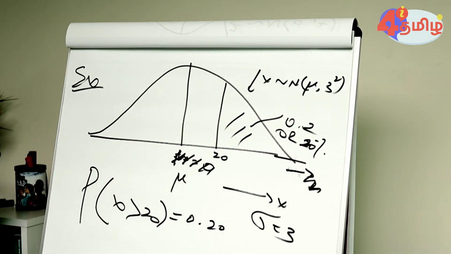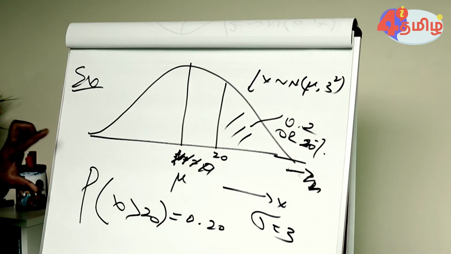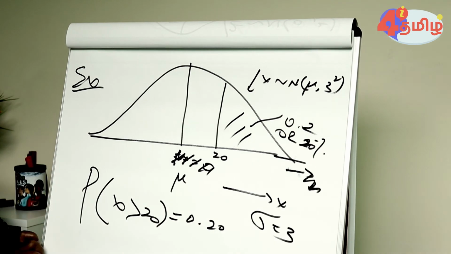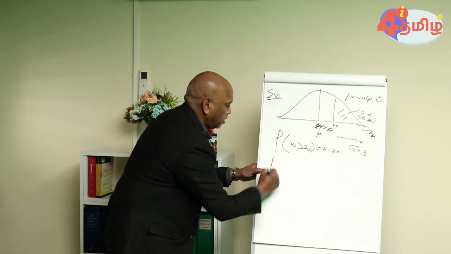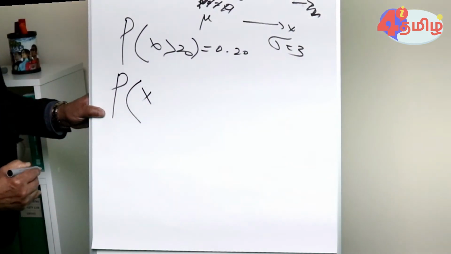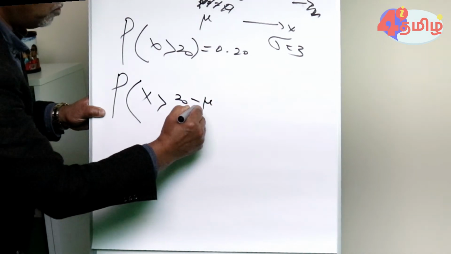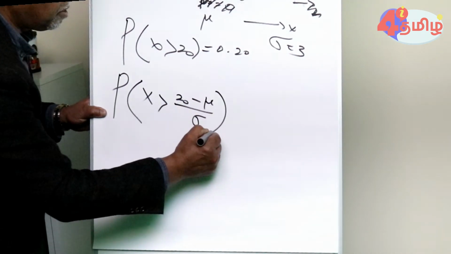Here, since 20 is given, we might use a simple inverse format. No, we can't use it because we don't know mu. So all we need to do is convert that into a standard normal distribution. The only thing we know is the coding. So you can write this as X greater than 20, minus mu, divided by the standard deviation.